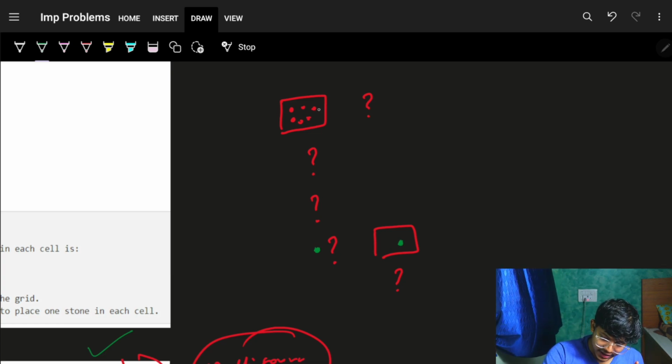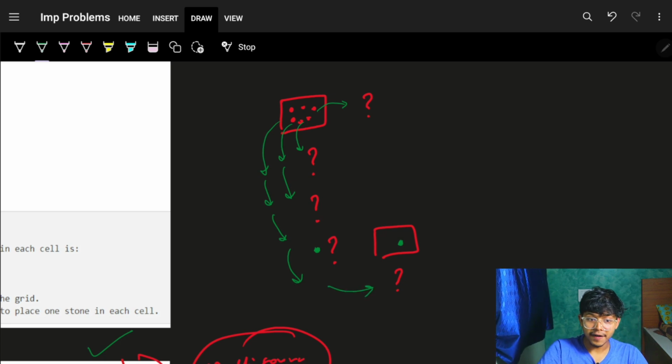What will happen is you will need 1 step, because now this cell will go and make 1 stone reach here, so it needs 1 move for this, 2 moves for this, 1 2 3 4 and 5 moves for the stone at this cell to reach this particular place.